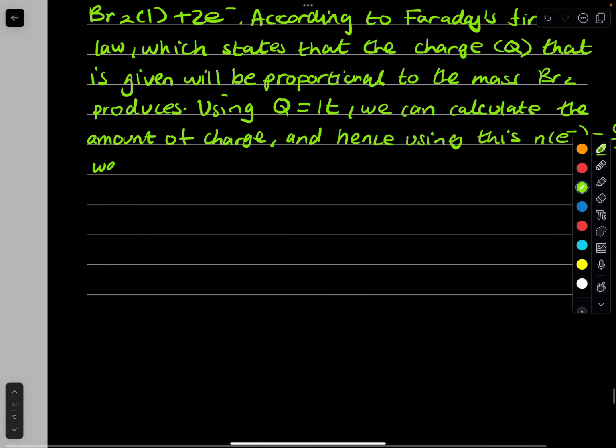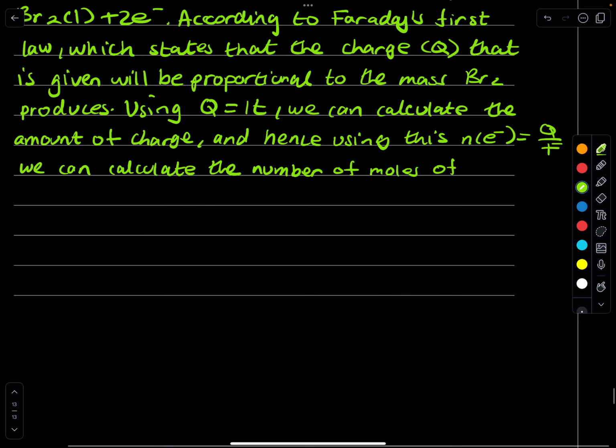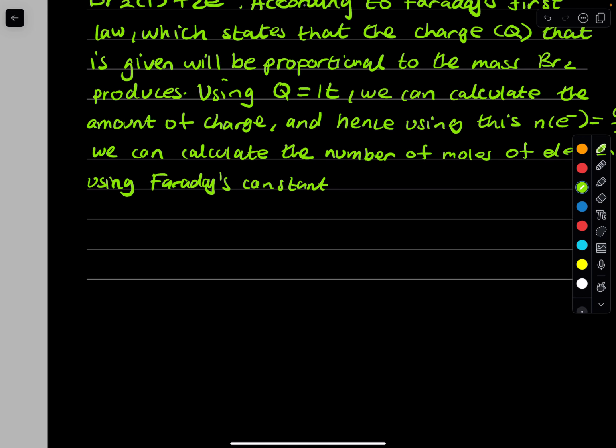We can calculate the number of moles of electrons using Faraday's constant, which is 96500.